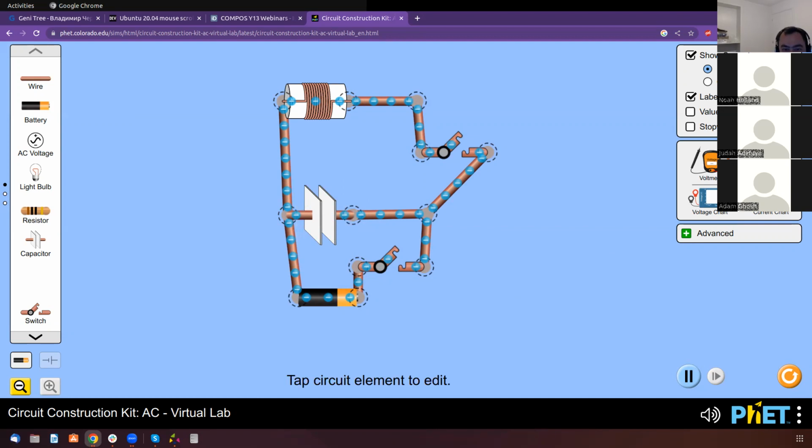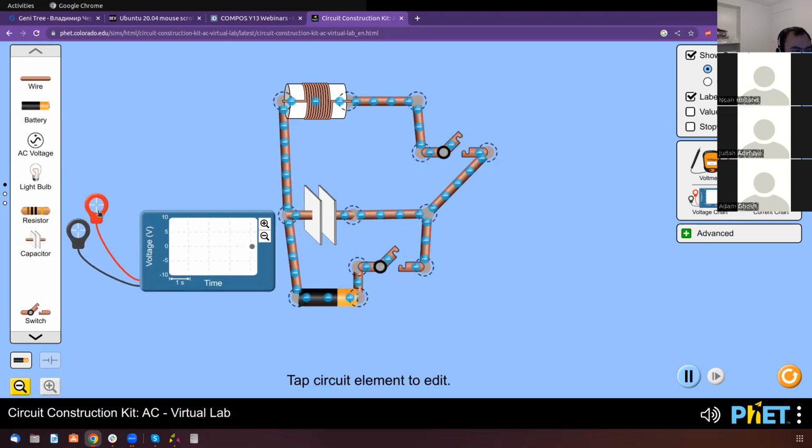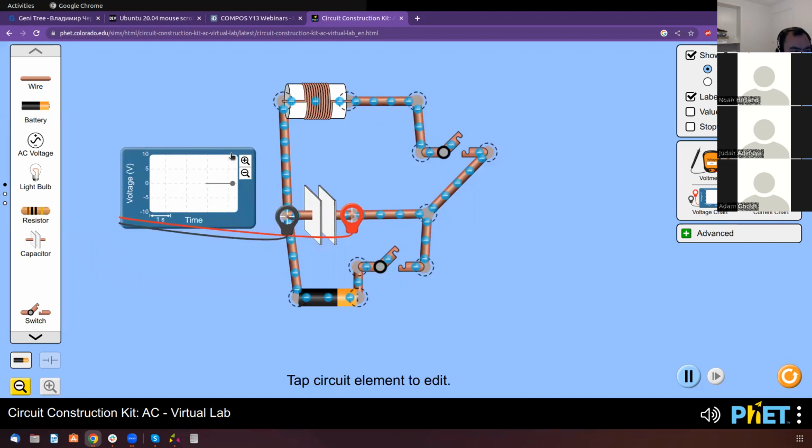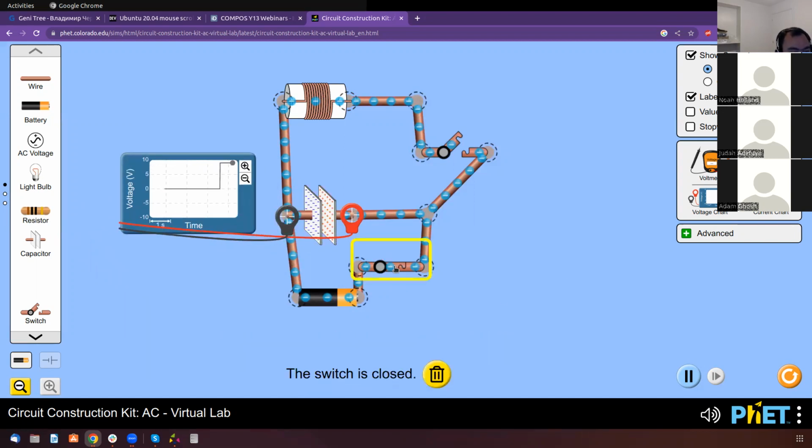Now I put a voltmeter across the capacitor. And now I charge the capacitor and it almost instantly goes to full charge. So 9 volts in this particular case.